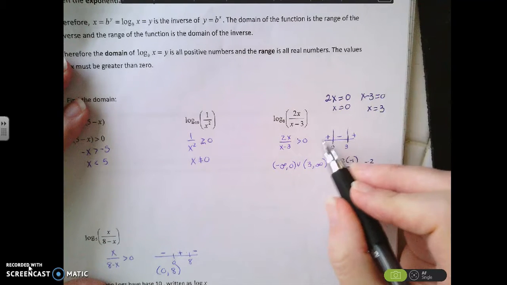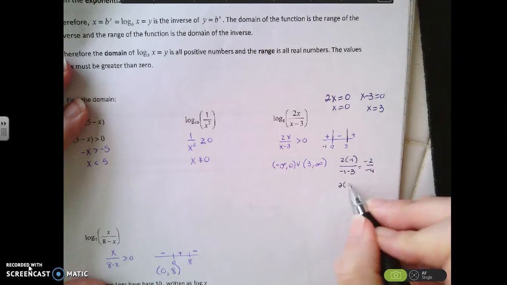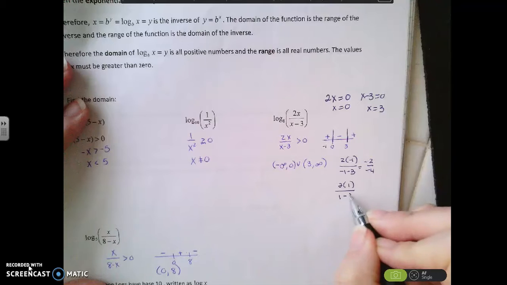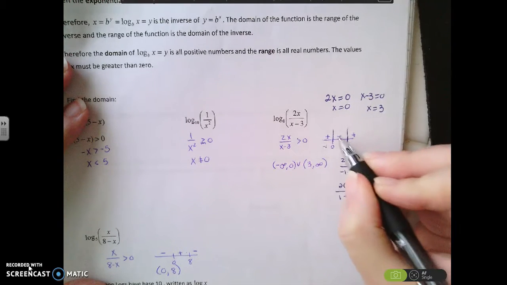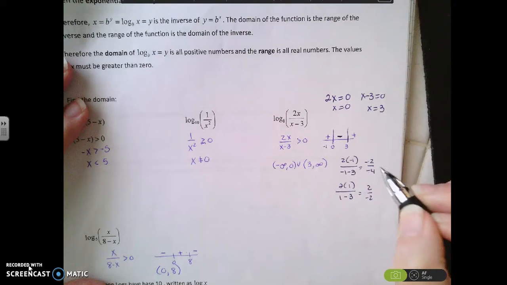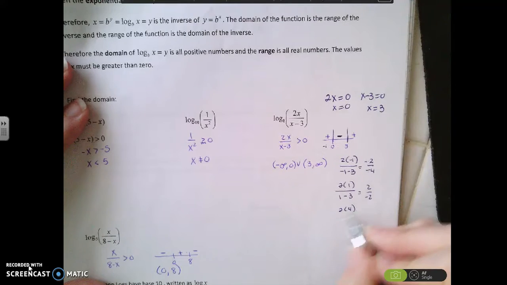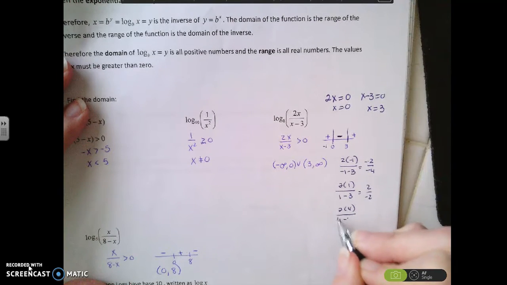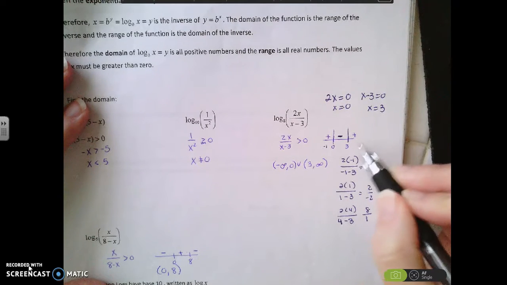So all values here are going to be positive. If I put 1 in, 2 times 1 over 1 minus 3 equals 2 over negative 2, which is negative. So all the values in here are negative. And then I pick 4, for example, and I'm going to get 8 over 1, which is positive, so all the values over here are positive.